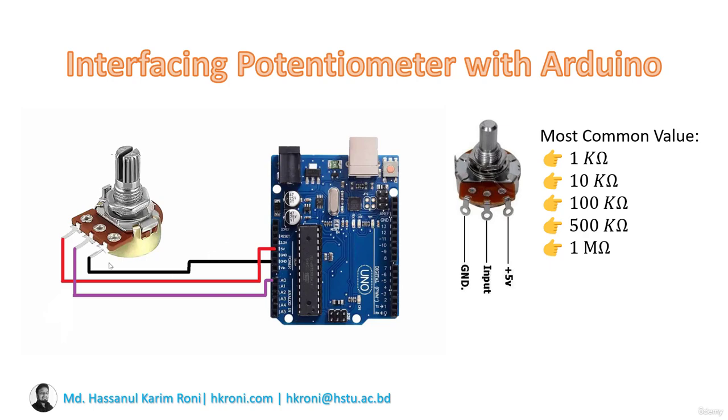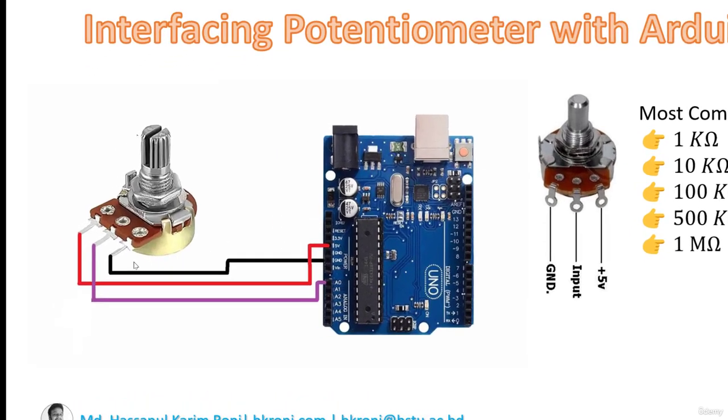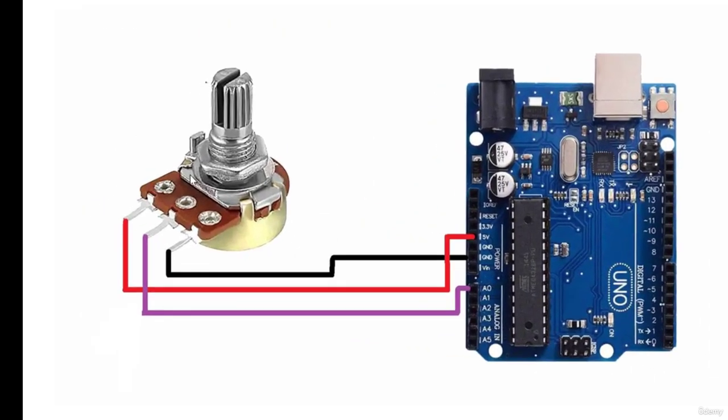Now here you can see the basic connection shown in the figure. The middle point of the potentiometer is the analog output, and the variable resistance will be taken from this pin. So we take this pin and give it to an analog input pin, that is A0 to A5 for Arduino Uno. The first pin has been given 5 volt supply and the third pin has been given ground.